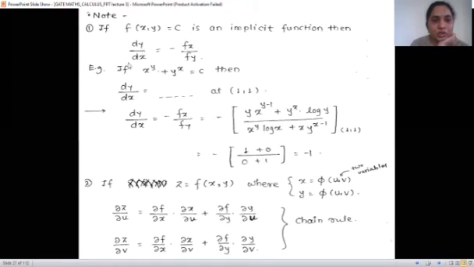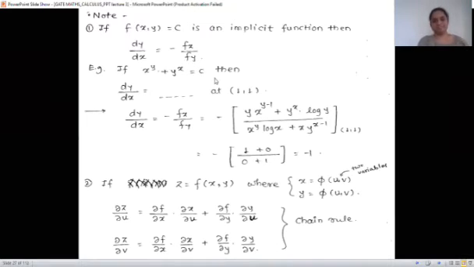Cross multiply: fx dx is equal to minus fy dy, and taking it to one side, fx dx plus fy dy is equal to 0, the derivative of a constant. Okay, forget that. Just remember dy by dx in case of an implicit function is minus fx upon fy, with x going to the numerator and y to the denominator.